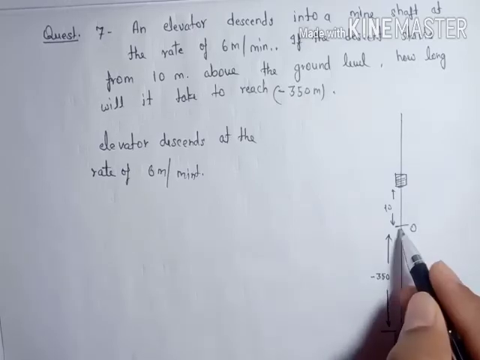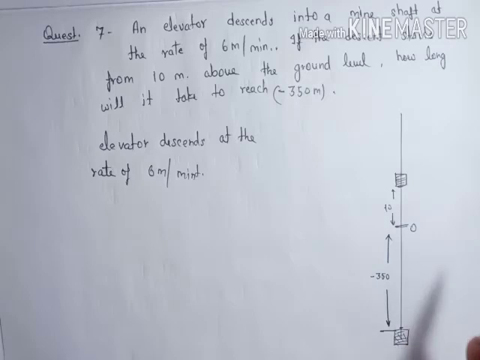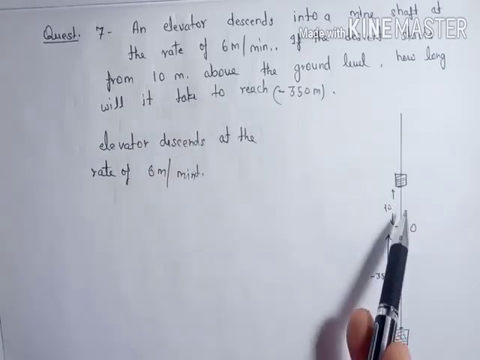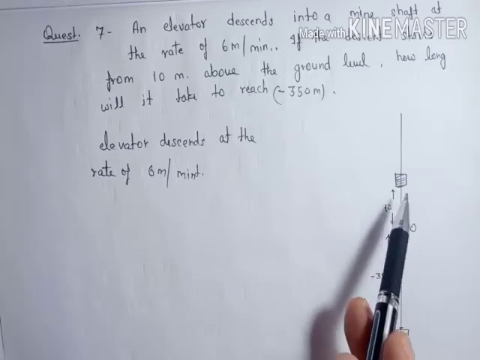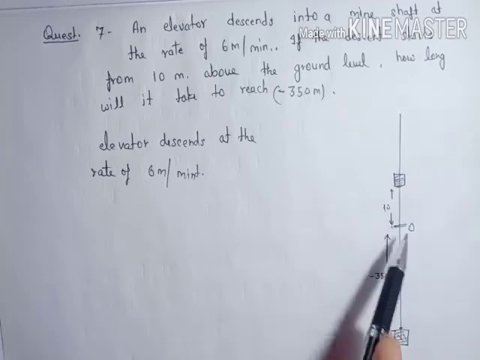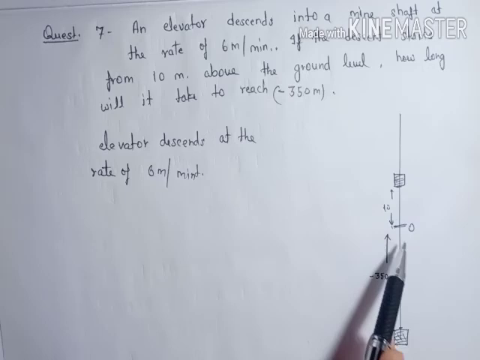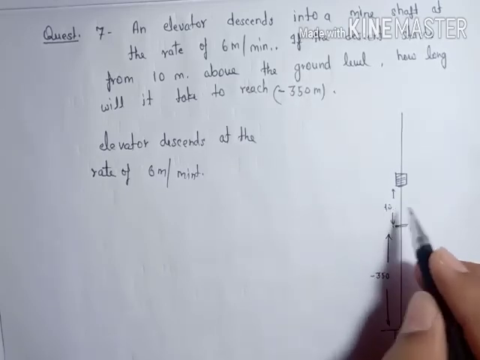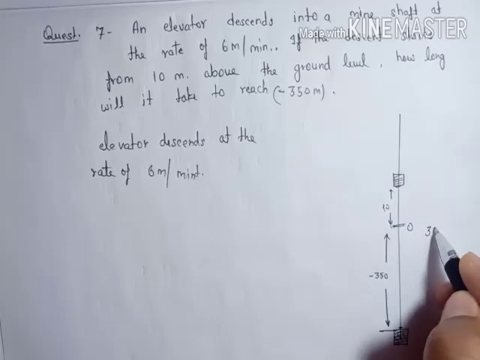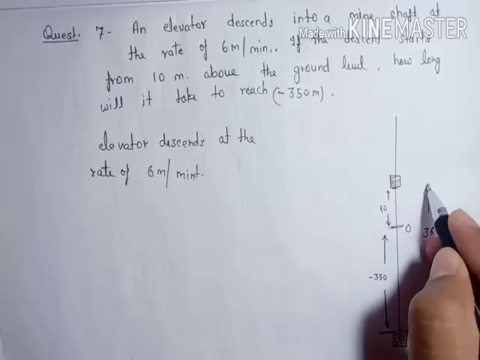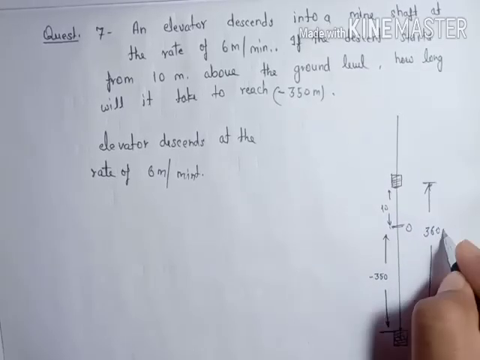You can see if this is 0, this is 10 meter. The elevator is just 10 meter above the ground level, and it has to cover minus 350, means 350 meter below the 0 point. It means the total distance it has to cover, this 350 and this 10, becomes 360 meter.